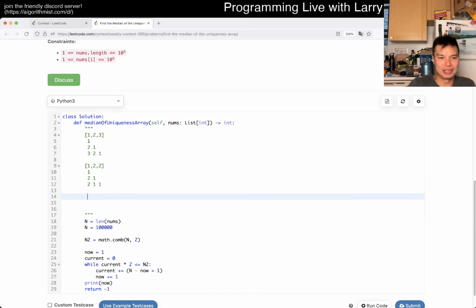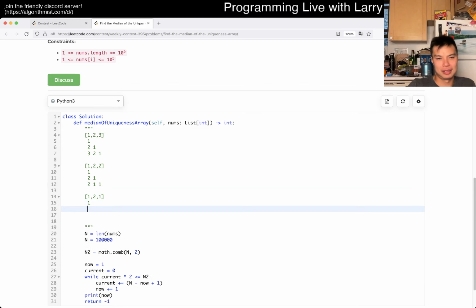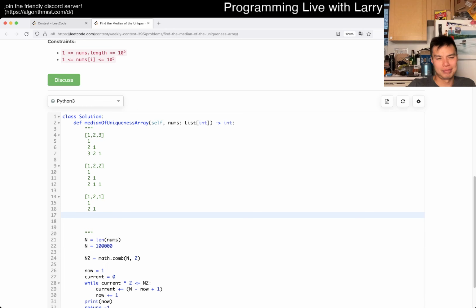So the other way is, so the median is always 1. Pigeonhole or something. For 3 elements, I guess the median is always going to be 1 because of pigeonhole.